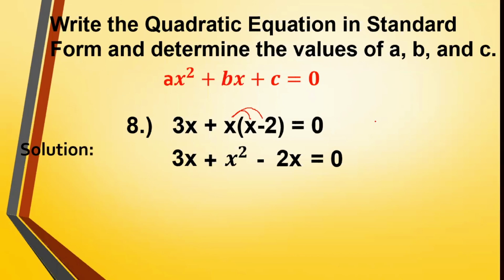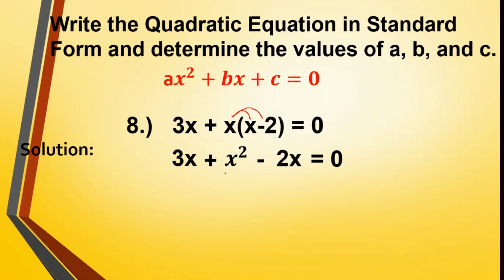Is it standard form or not? Not yet. Why? Because the first term and the second term are reversed, right? The first term should be the one with the highest exponent, which is squared. So, x squared goes there.